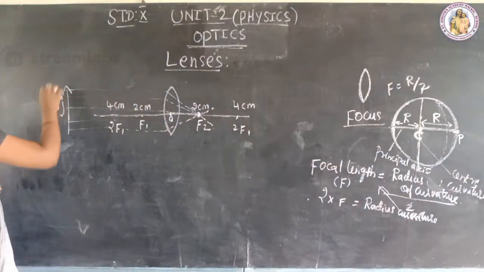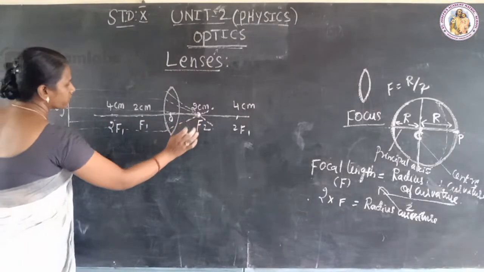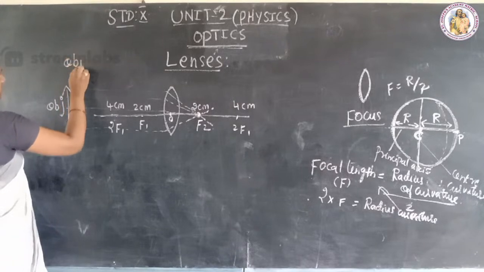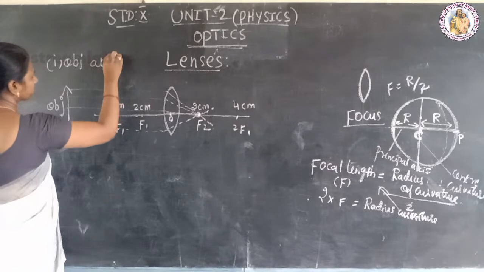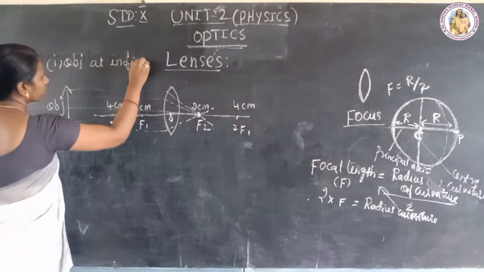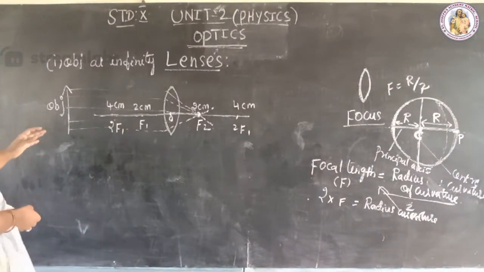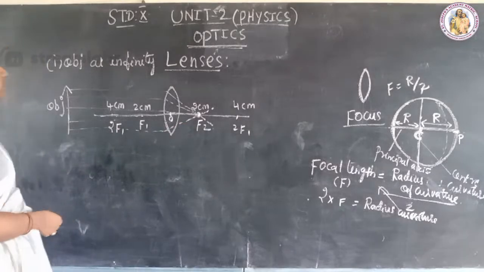So if we keep the object at infinity, what about the size of the image? The first case is the object at infinity. That means when the object is very far from the lens, the image formed will definitely be very small.